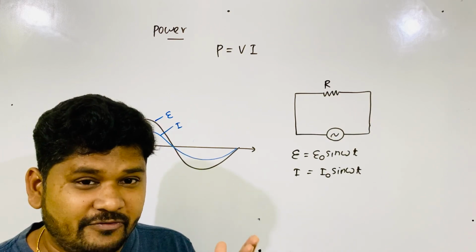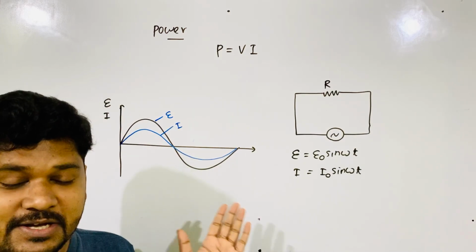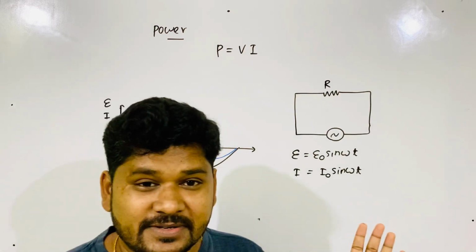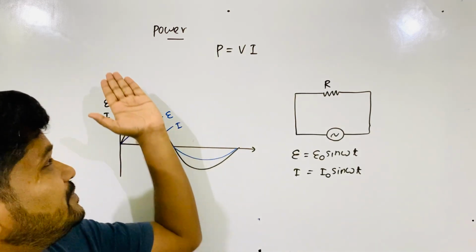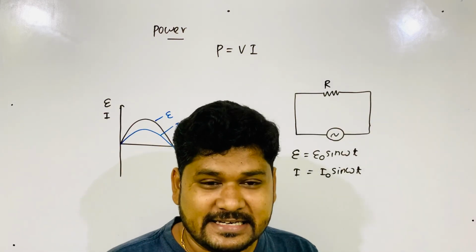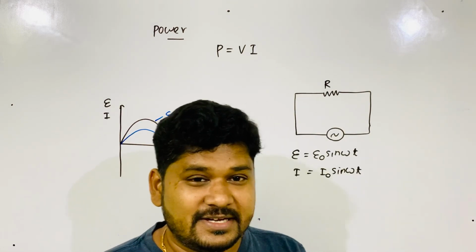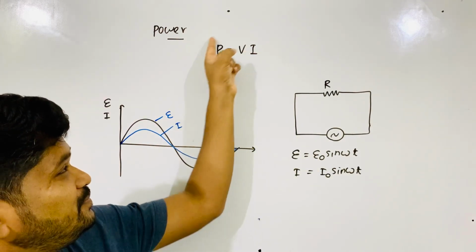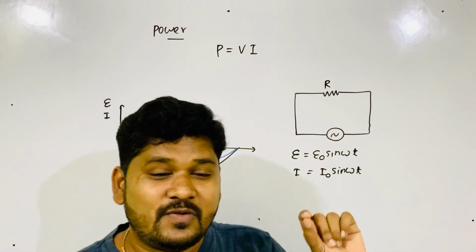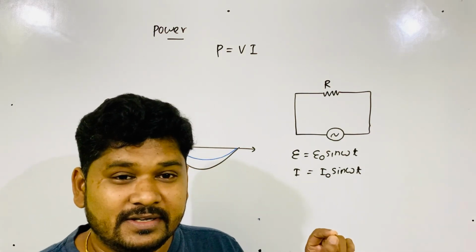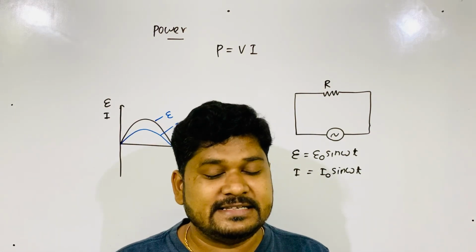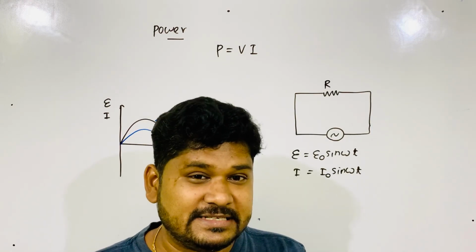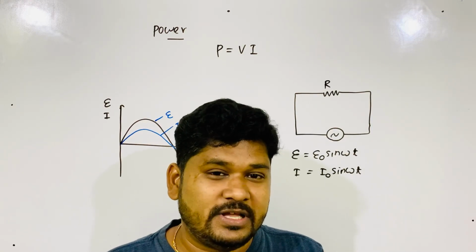Now, did you feel the necessity of today's lecture? Why did I write that we will discuss power in AC circuit today? Because the old formula you already know is only applicable for a DC circuit where voltage and current both have fixed values.